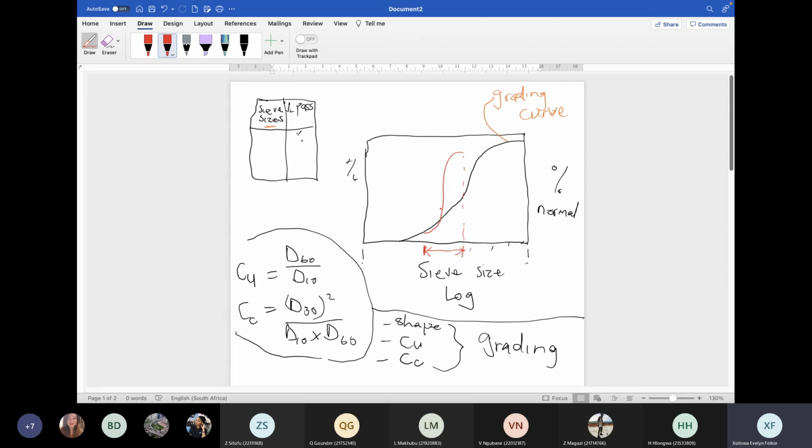Sometimes it overlaps into the clay, depending. When you look at the C, which they say is gap graded, it's only cobble, gravel, and sand. But when you look at the shape, it's not smooth. So that represents something because it means that there is a bigger concentration of some particles than others.